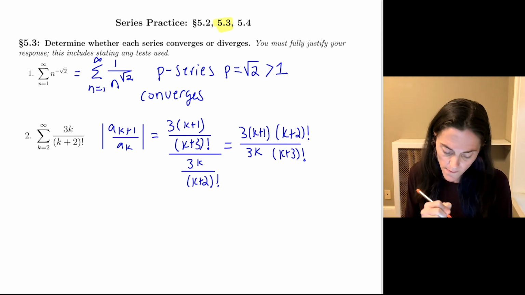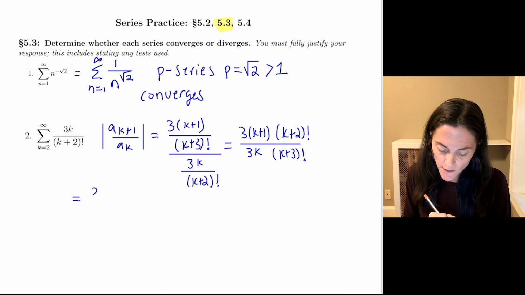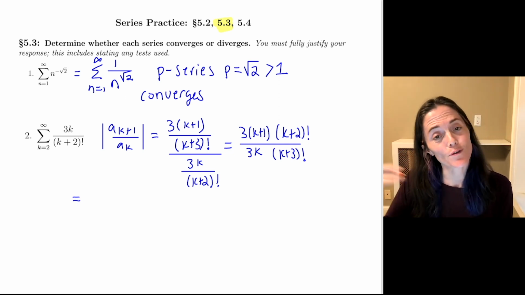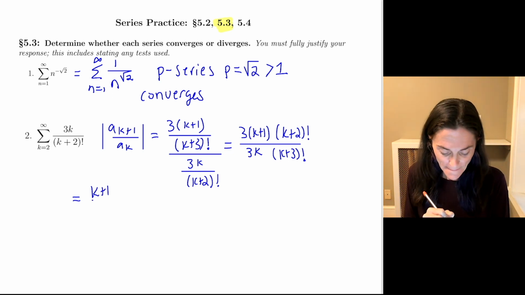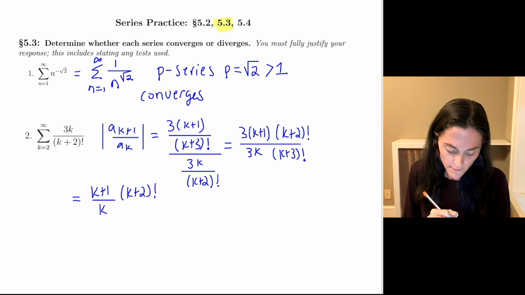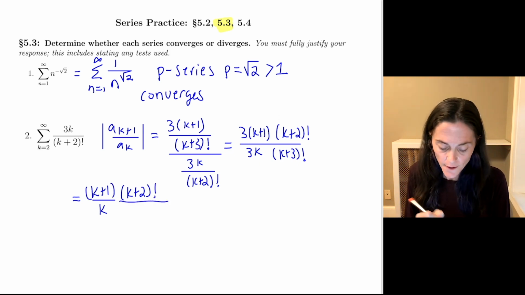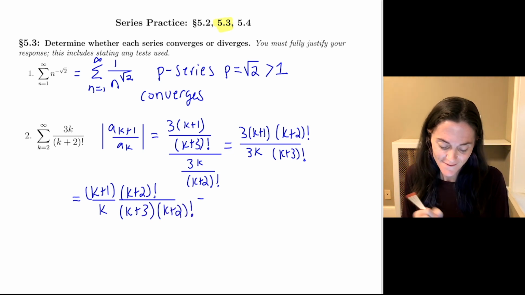I'll do this in 2 steps. First of all, 3 to the k plus 1 over 3 to the k, that's 3. And then I have a k plus 2 factorial. In my denominator, k plus 3 factorial is k plus 3 times k plus 2 factorial.